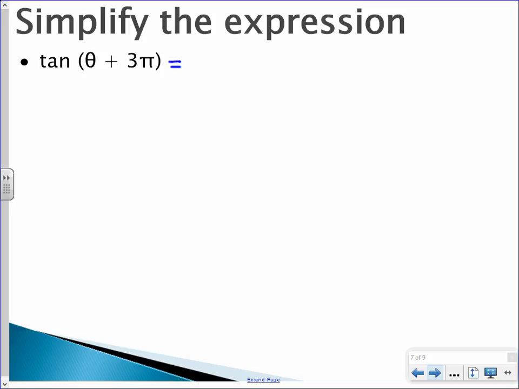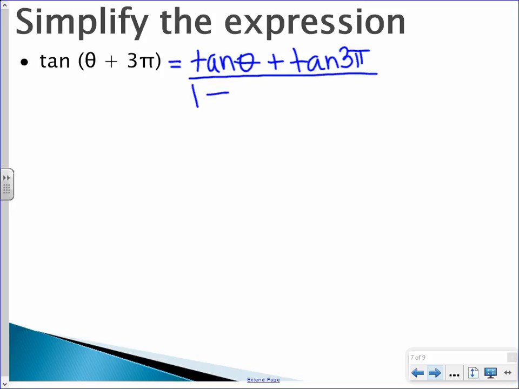Our sum formula says we need to take the tangent of u plus the tangent of v all over 1, remember this sign switches, minus the tangent of u tangent of v.